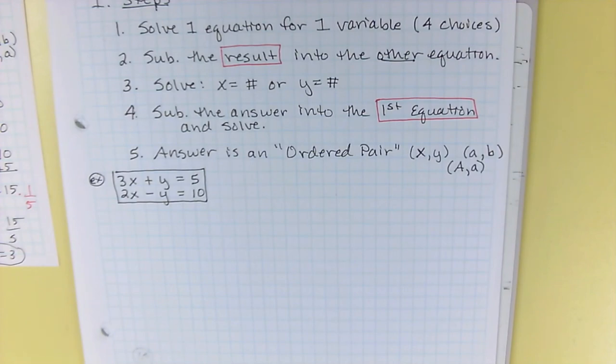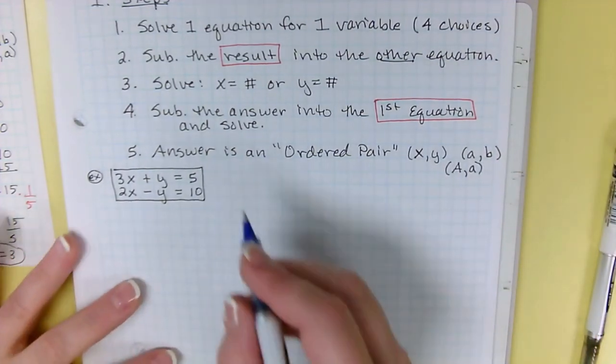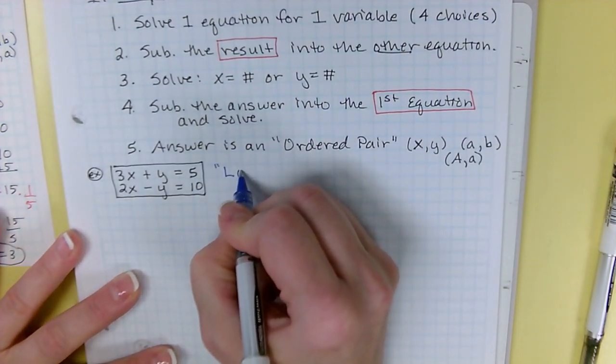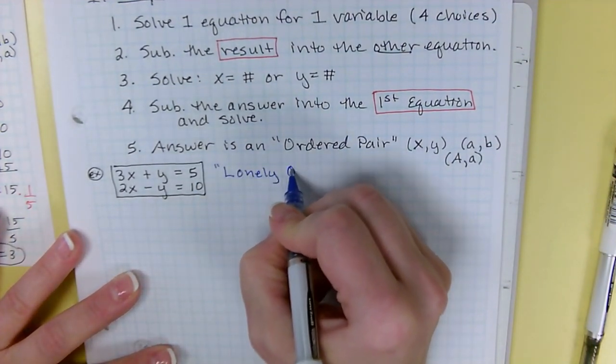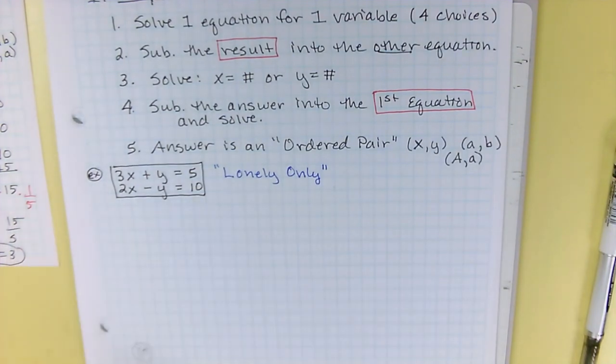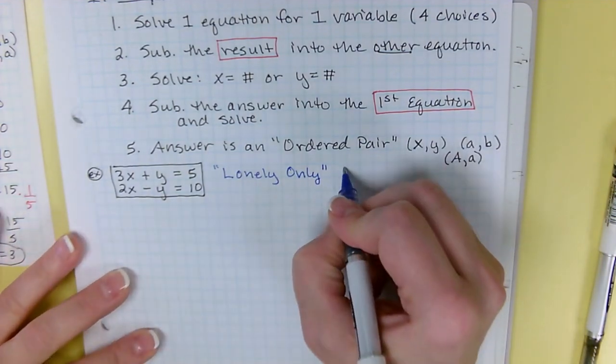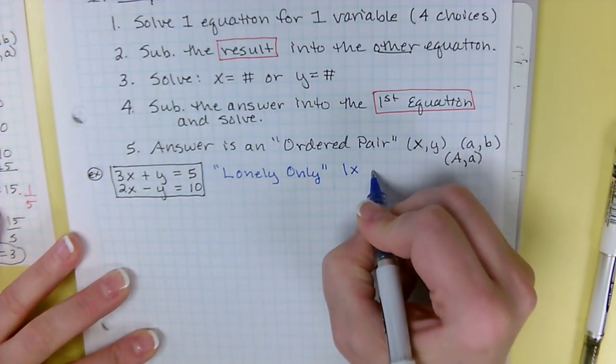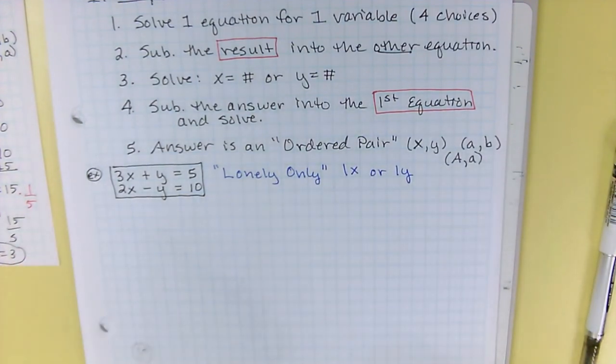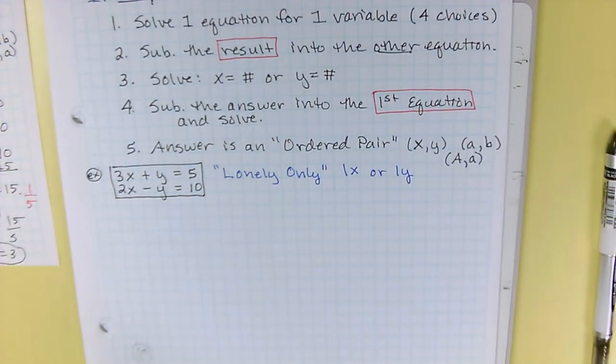You have 4 ways to start the problem, but the easiest way to do it is to look for what I call the lonely only. What's the loneliest number? 1. 1 is the loneliest number. So you're looking for the 1x or the 1y. That's going to be the easiest one to start with.